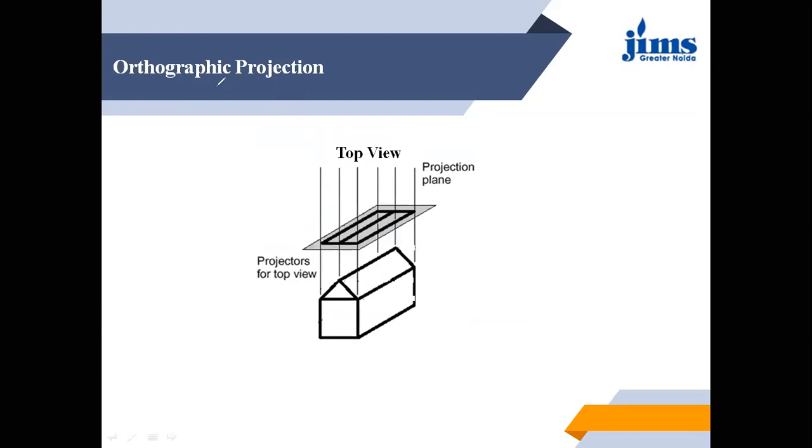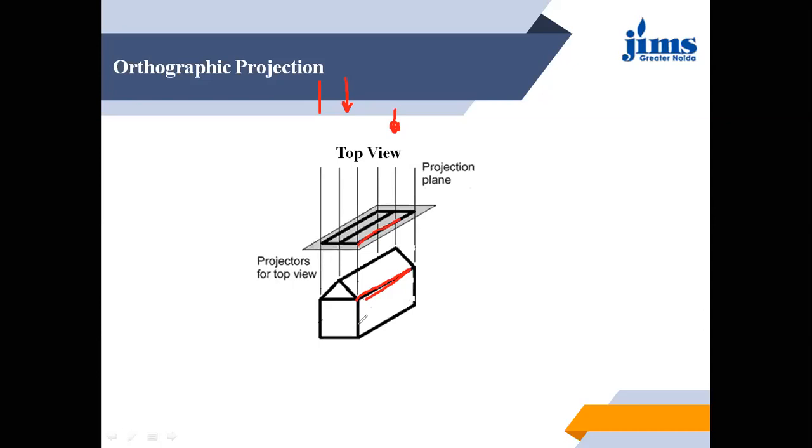You can see from here, when a person wants to see this object from this position and the rays are coming parallel, then I told you that the size of the image is equal to the size of the object. So whatever is the length of this object, that length will be equal to this.